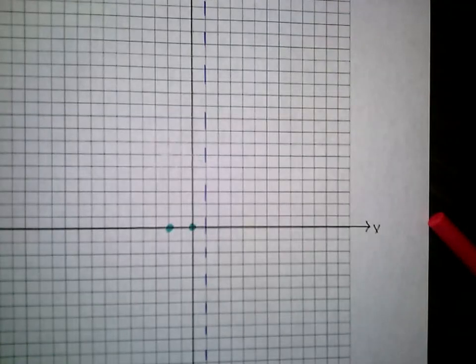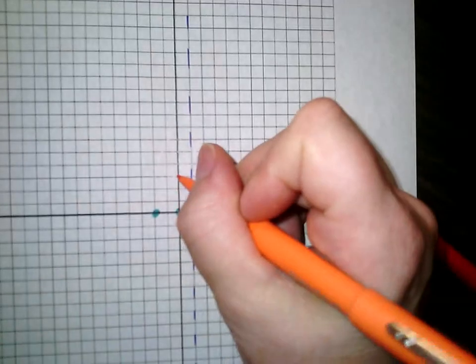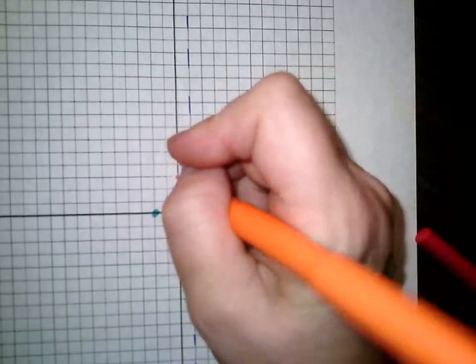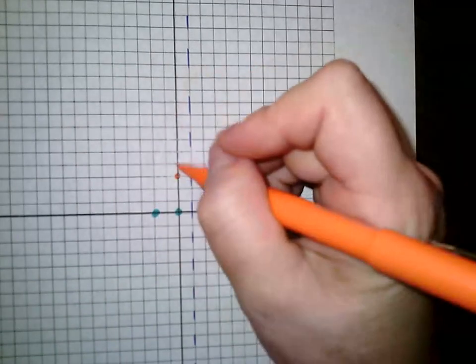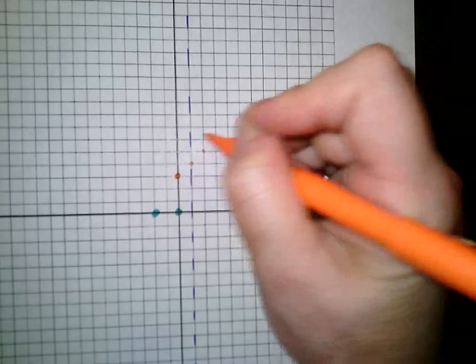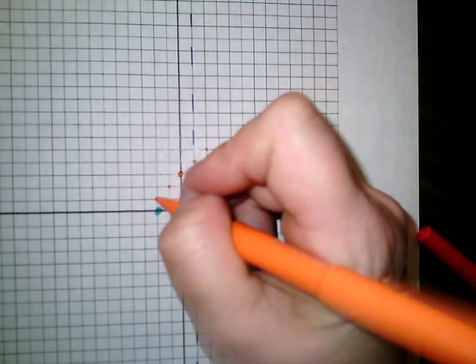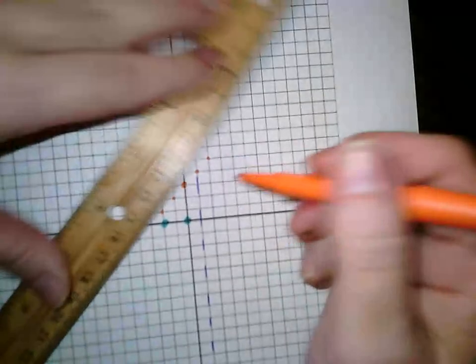Next up is our horizontal and oblique asymptote. This one was oblique. It was y equals x plus 3, which means we have a y-intercept at 0, 3, and a slope of 1. And keep in mind that this is also a dashed line.